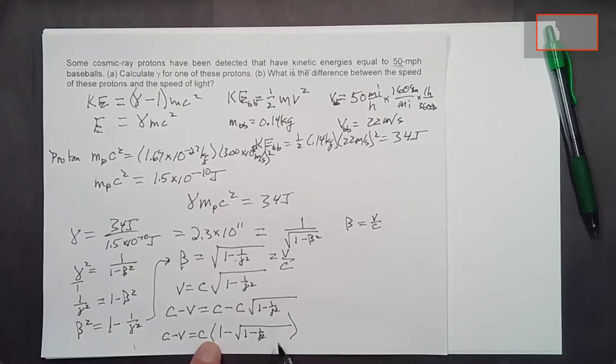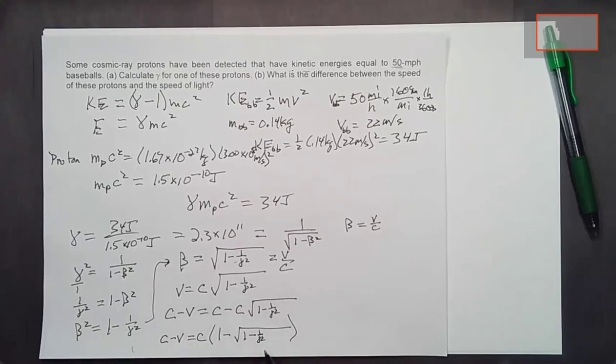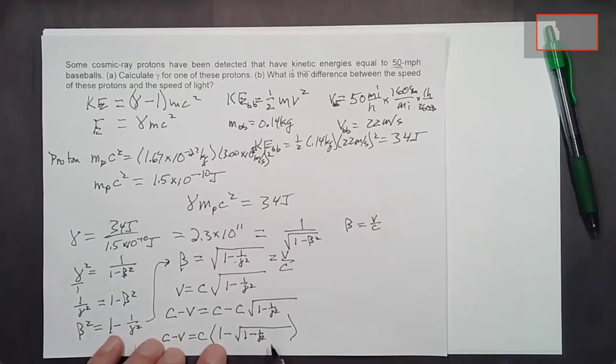Now, we've done some tricks like this before, although it was always with things that were going slow, where we'd have 1 minus v squared over c squared. This will work the same way.